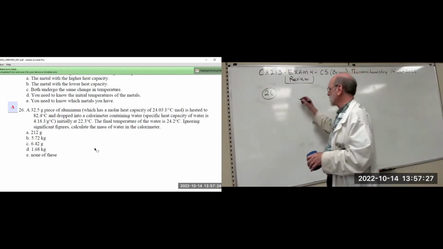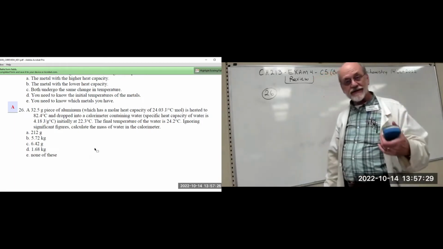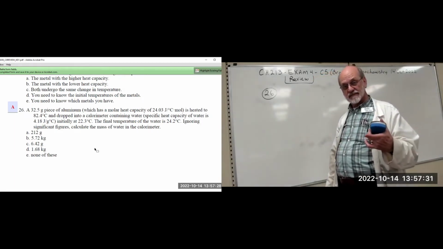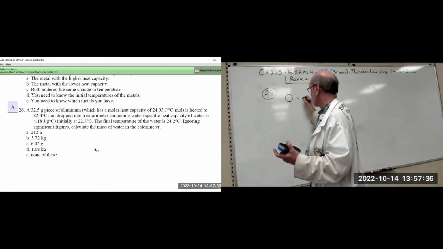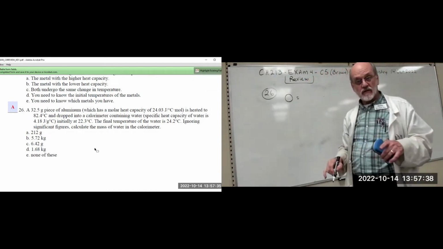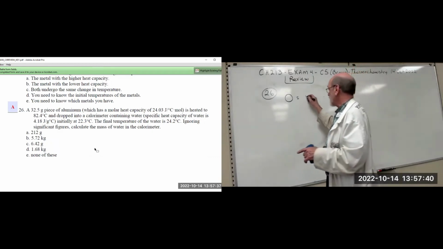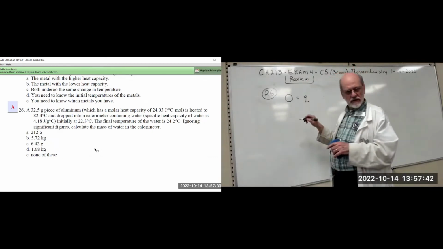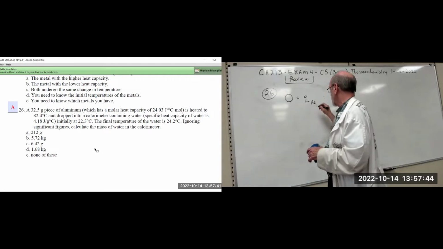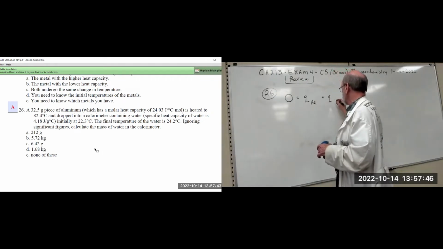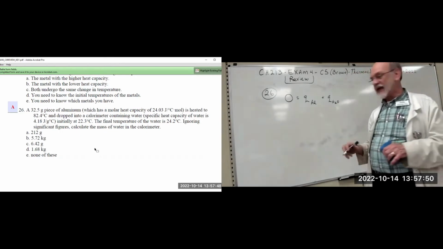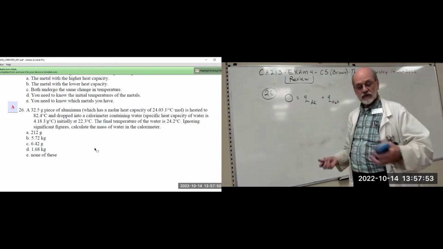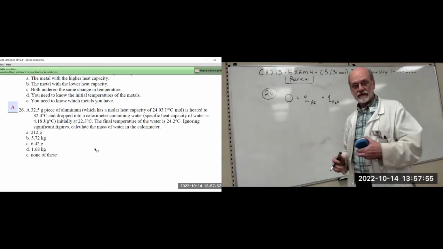So what we have is an isolated system, right? An isolated system, which means all the heats have to add to zero. We have a Q that's attributed to the aluminum, and we have a Q that's attributed to the water. And we don't have a Q for the calorimeter, which in the real world we would have.